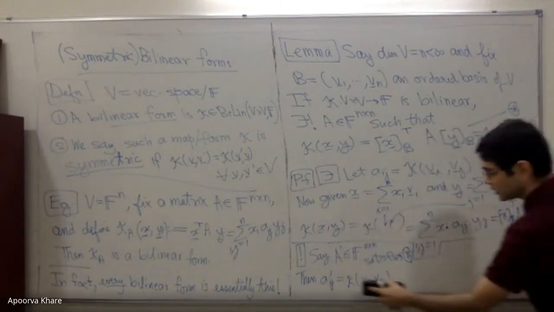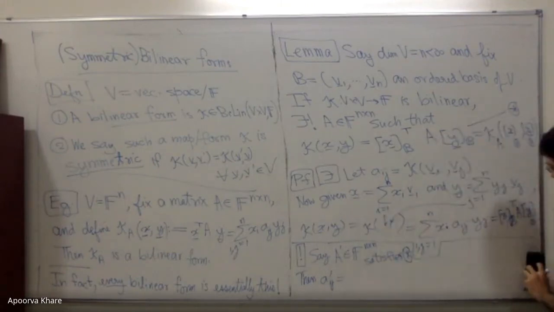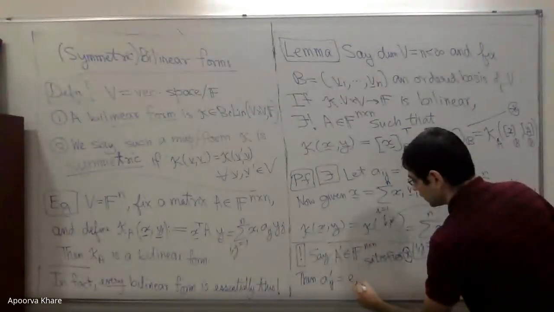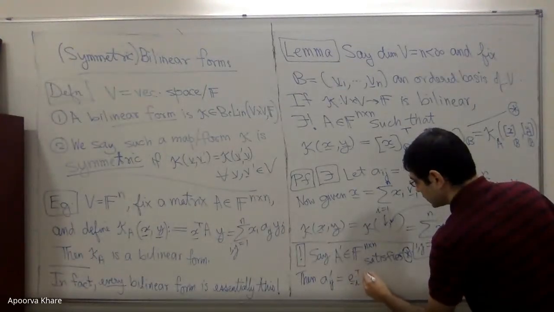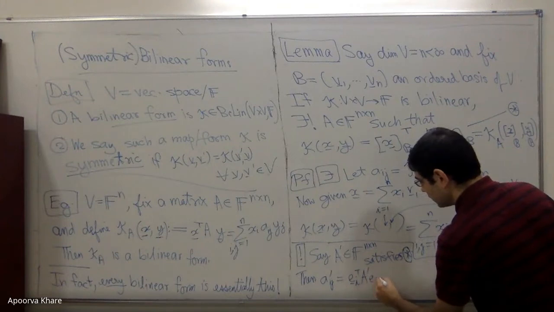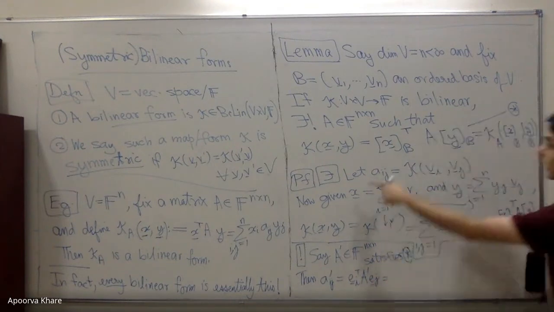Maybe I'll put in the step in between if you want. It's Ei transpose A prime Ej. So what is Ei?